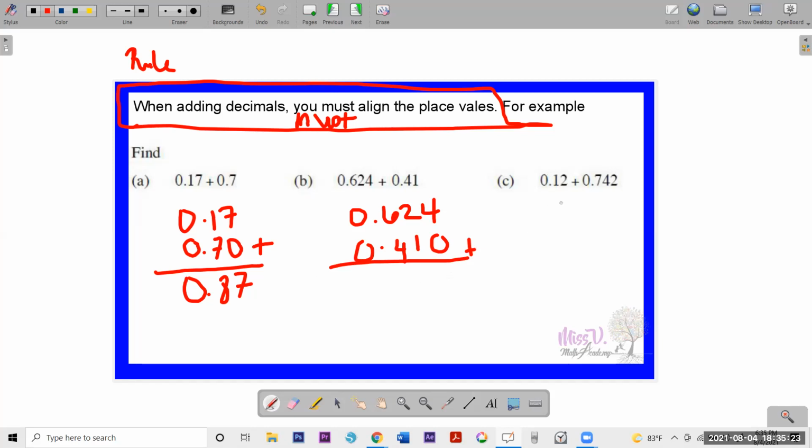Let me set out this next one. 0.12, 0.742. And so I have to put my 0 here to take up this space. So let's look at B. Let me see what answers anybody got.